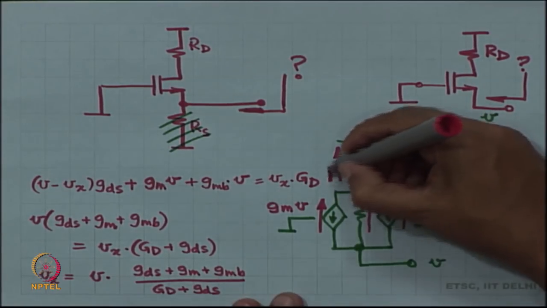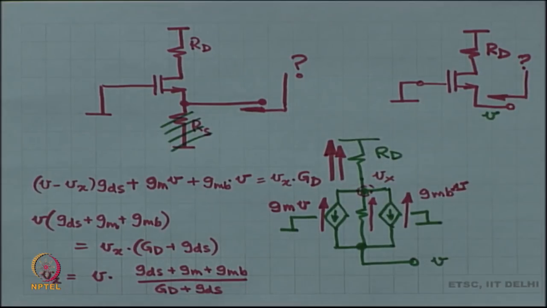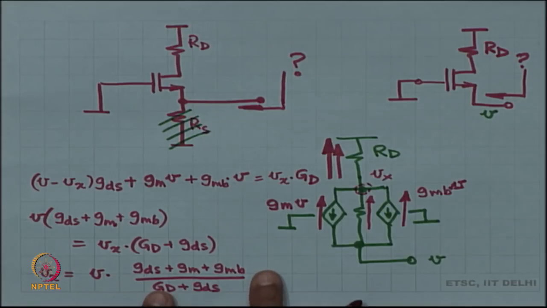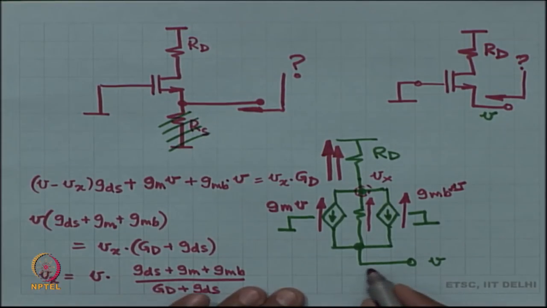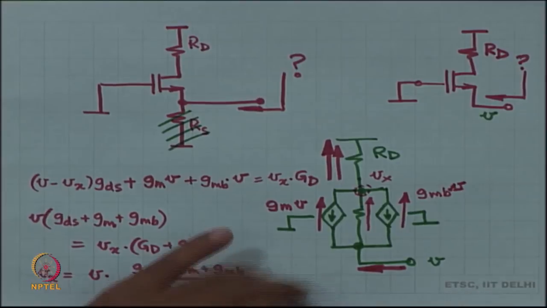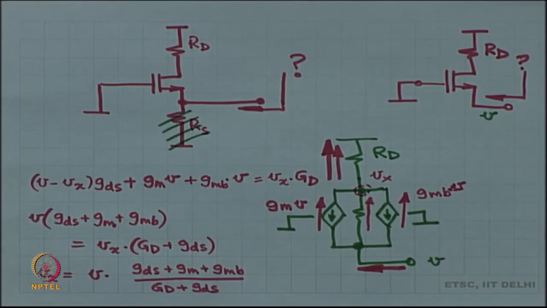Now, this current is Vx times gd, and that happens to be the same as this current by KCL.